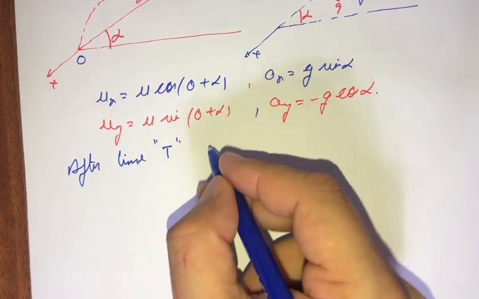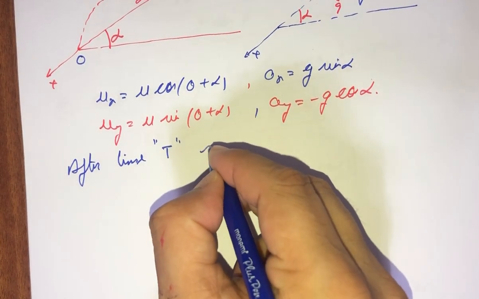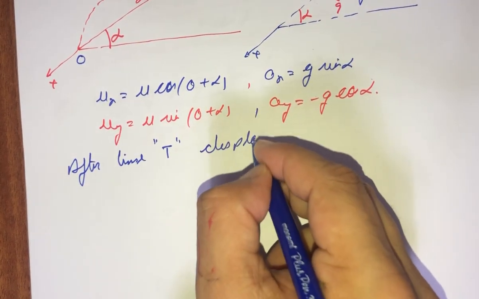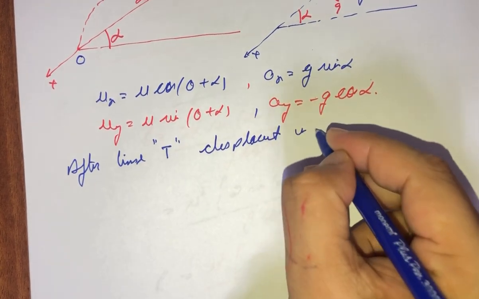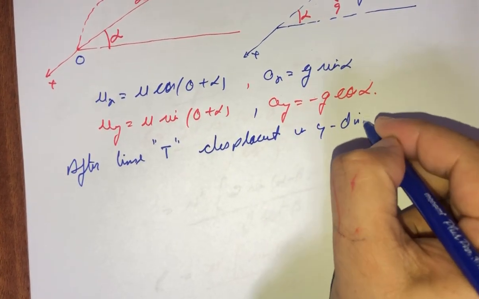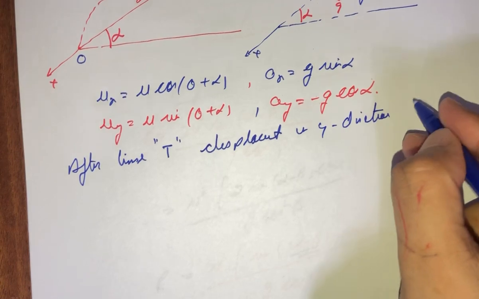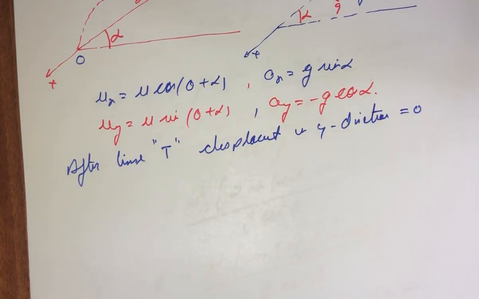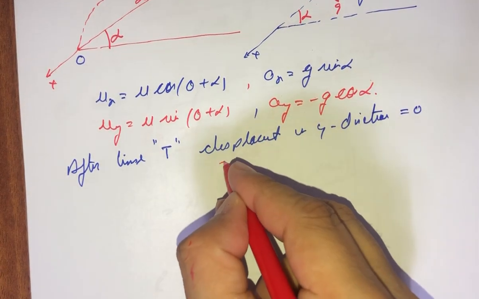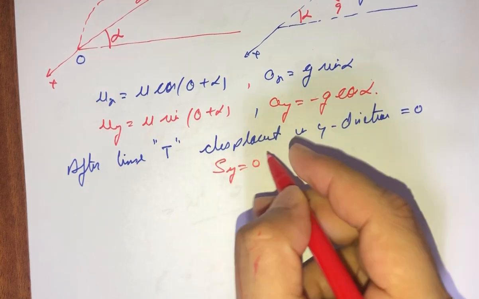After time T, the displacement in the y direction will be equal to 0, or simply we can say s of y will be equal to 0.